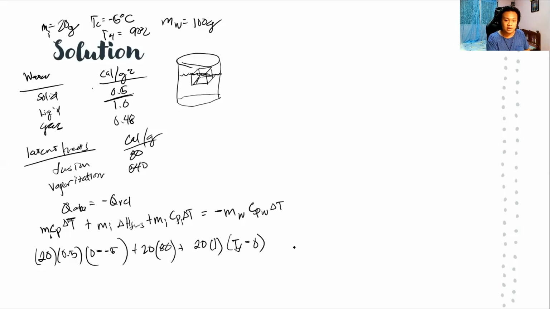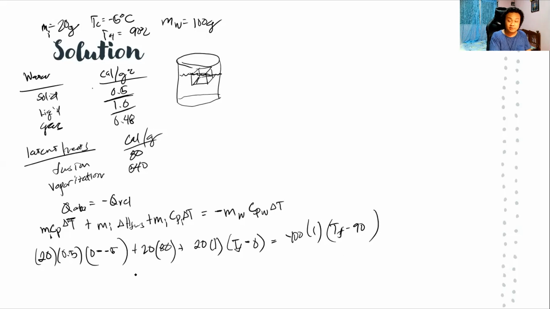Okay? And then on the right side of the equation, we have negative 100, di ba? So 100 grams, and then 1, the Cp of water in liquid, and then Tf minus 90. Okay? Temperature final minus temperature initial.